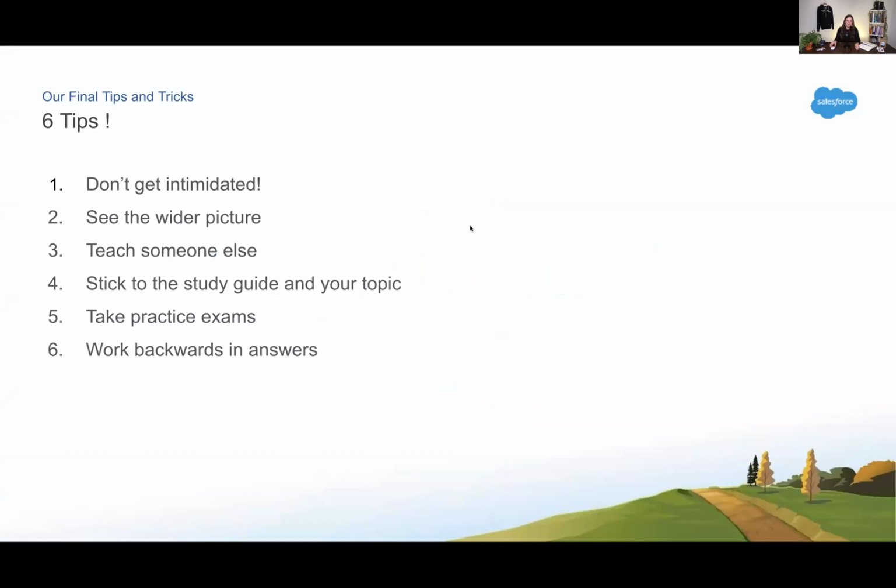All right, so to round things off, before we hand over to Bill, which is very exciting, our top tips and tricks for becoming admin certified. The number one tip is don't get intimidated. Going for a Salesforce exam can seem scary, especially if you haven't taken any sort of assessment or exam since school, which is the majority of people. But it's important to realize that you can do this.